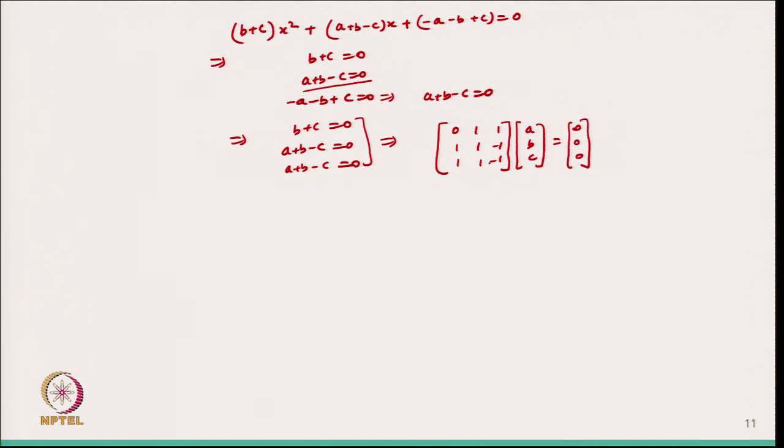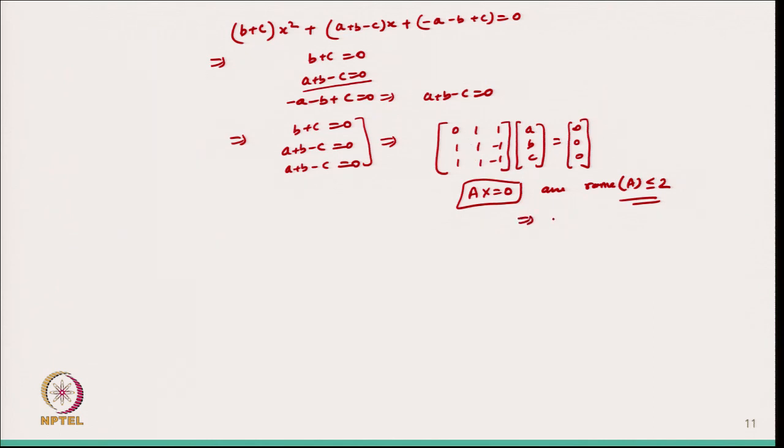And from here you can check that in A x equal to 0, the rank of A in this case is always less than or equal to 2. It cannot be 3, because I can reduce the last row to a 0 row, no problem.